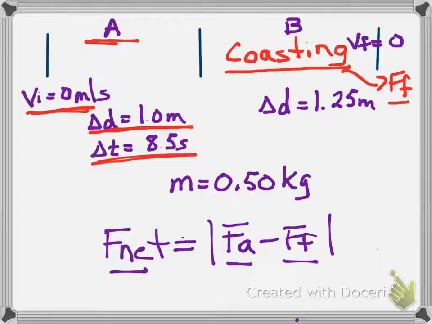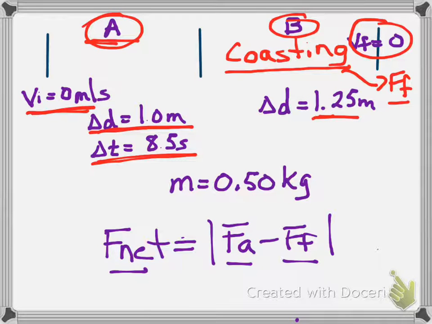In this case, we got a skateboard. The skateboard's going to be going a certain speed. It's now going to coast for a stop in section B, and it's going to coast for 1.25 meters. And we know that it's going to come to a rest. So we know that final variable is VF. So really from this setup, section A is going to give us a positive acceleration.